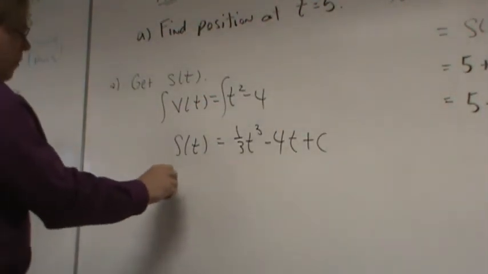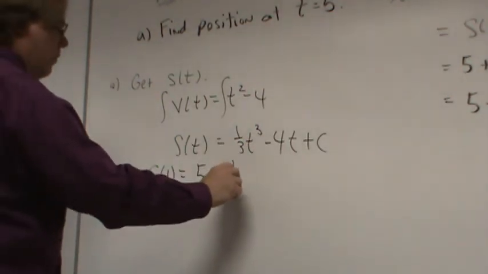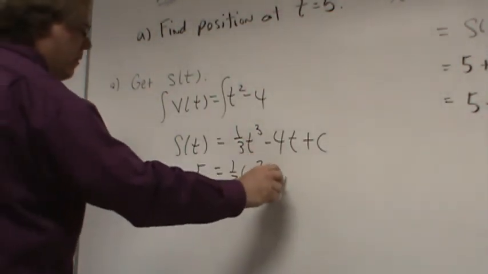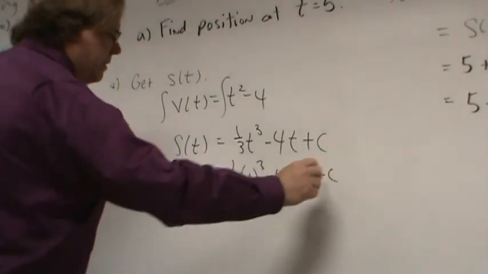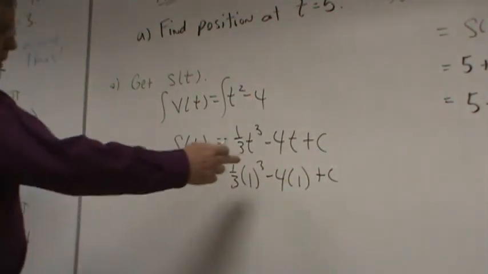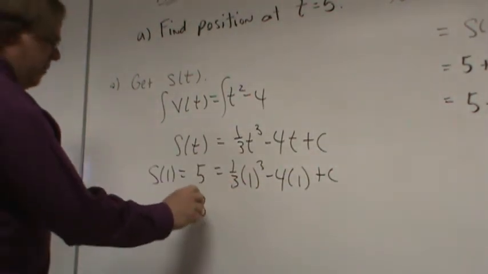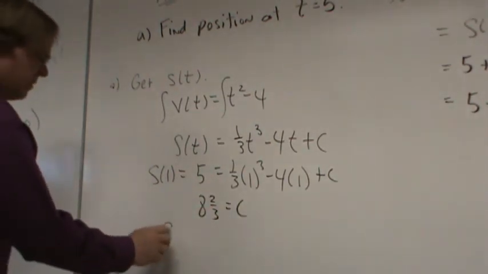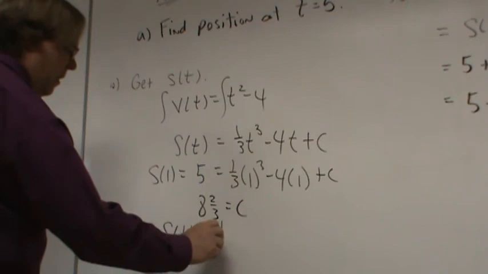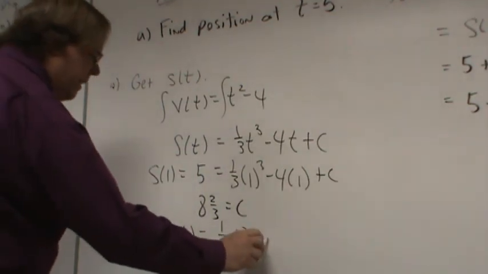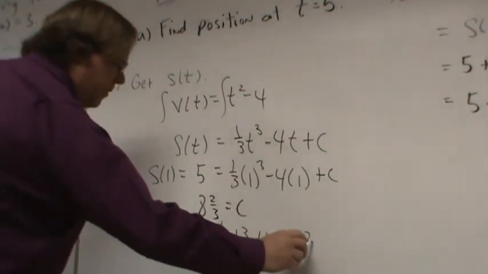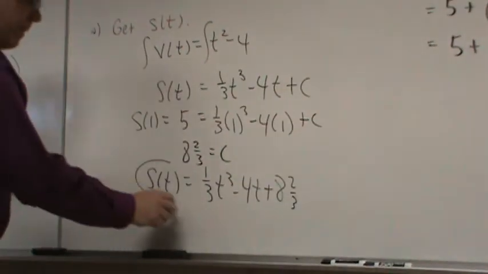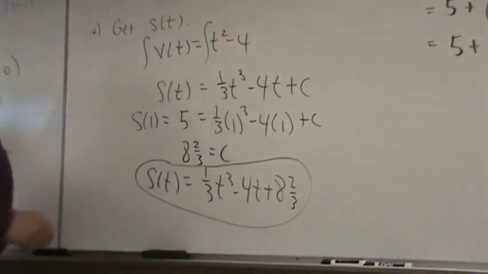So s of 1 is going to equal 5, which is equal to 1/3 times 1 to the third power minus 4 times 1 plus c. So I end up with, what is that, 8 2/3 equals c. So s of t is going to be 1/3 t to the third minus 4t plus 8 2/3. So there you go.